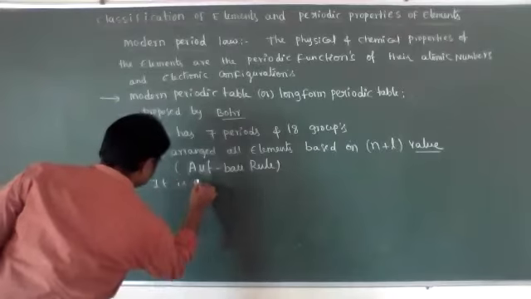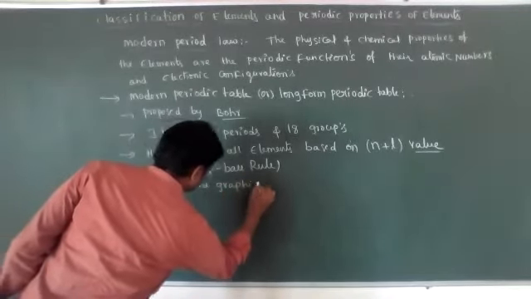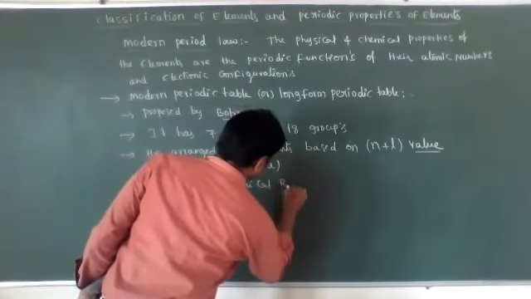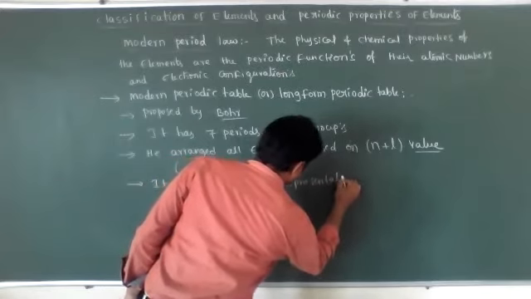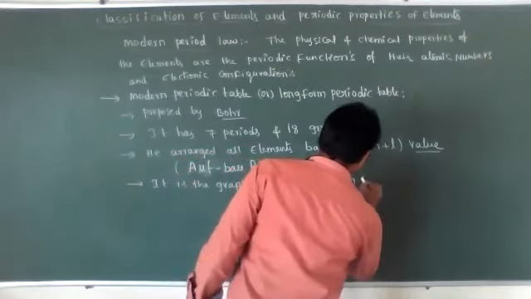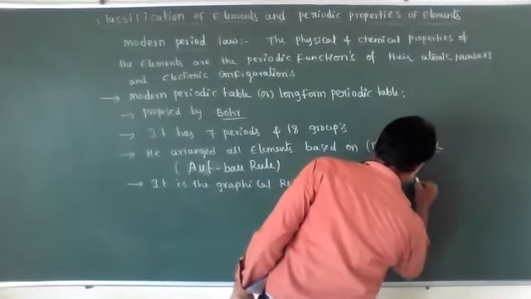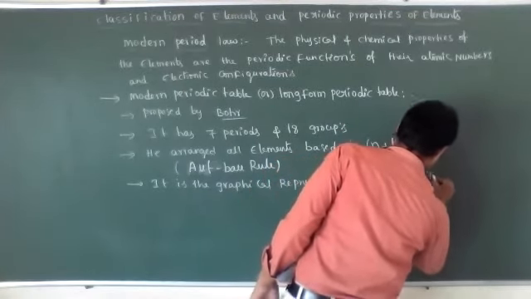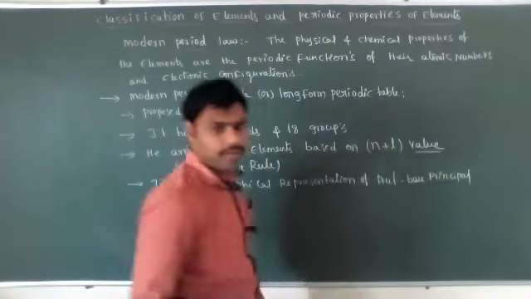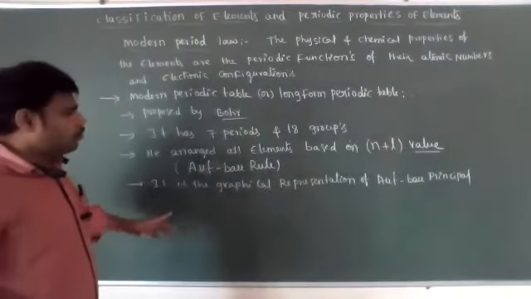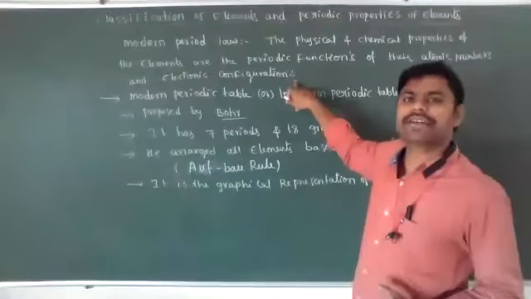So the modern periodic table is mainly arranged based on the electronic configuration.